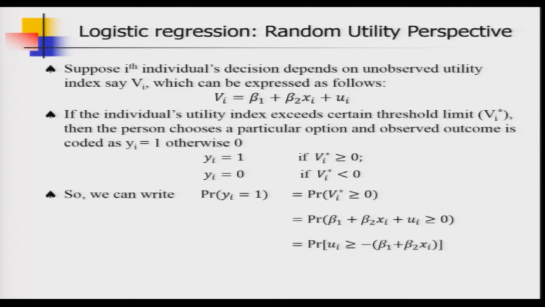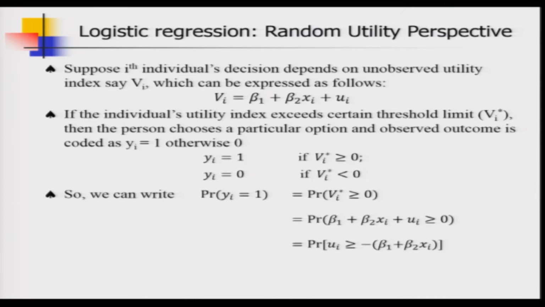So, with this brief introduction to utility, let us go back to the model. Here you see we have an unobserved utility index, and of course this is not at all irrational to assume, because utilities are basically a state of mind. So, they are unobserved, and let us denote the unobserved utility level of the ith individual by Vi, and let us assume that utility depends on some explanatory variables, and we can write a regression equation for that.